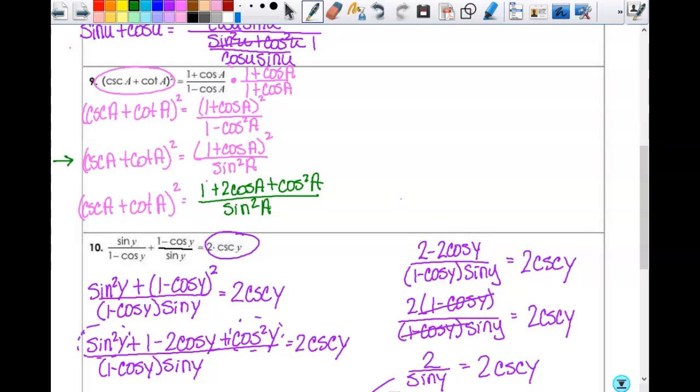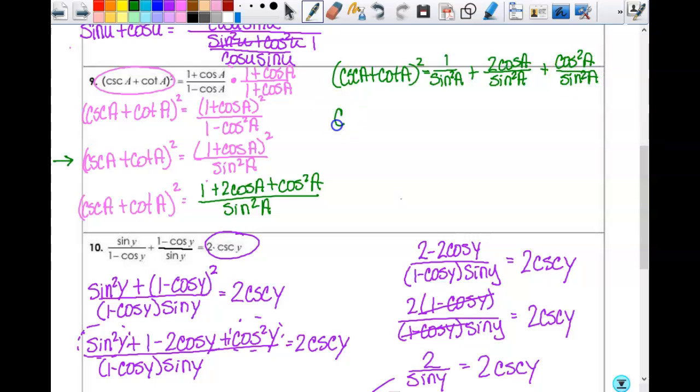So I'm going to go ahead and split this fraction. So the left-hand side is going to be cosecant A plus cotangent A squared equals, and this is going to be 1 over sine squared A plus 2 cosine A over sine squared A plus cosine squared A over sine squared A.